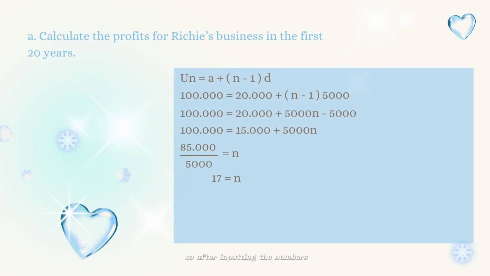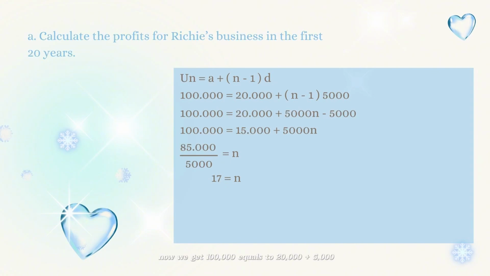So after inputting the numbers, we now work out the brackets first. You can see there is n minus 1 times 5,000. n times 5,000 is 5,000n. Minus 1 times 5,000 is minus 5,000.